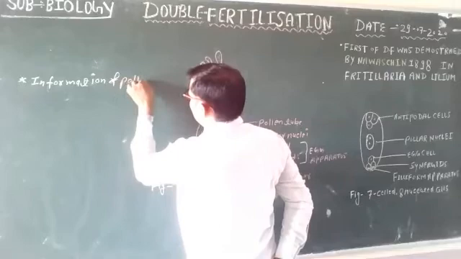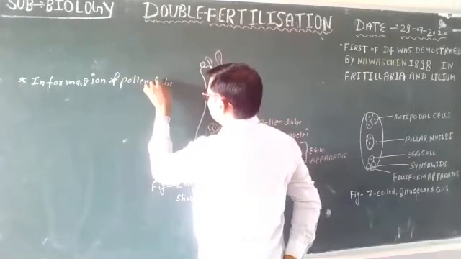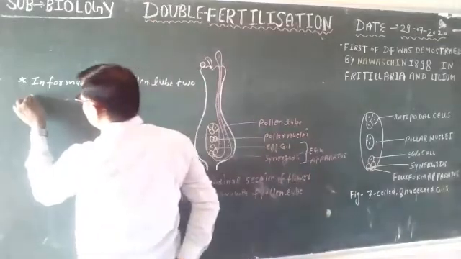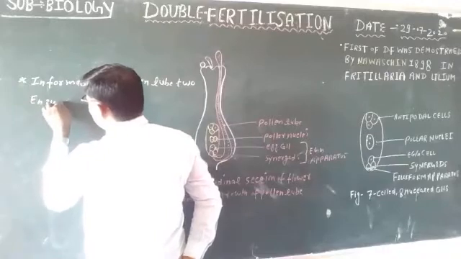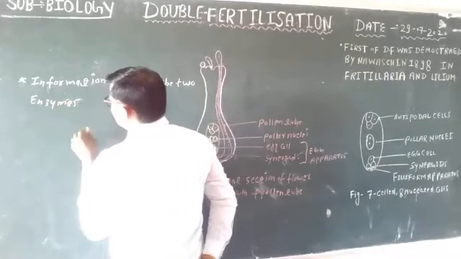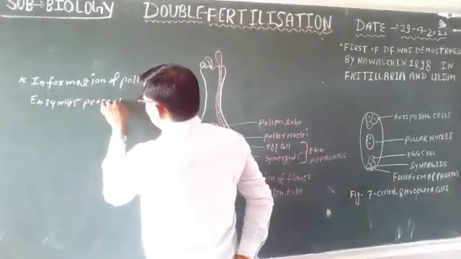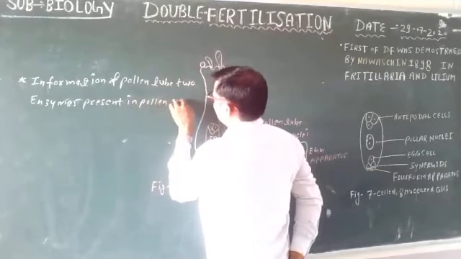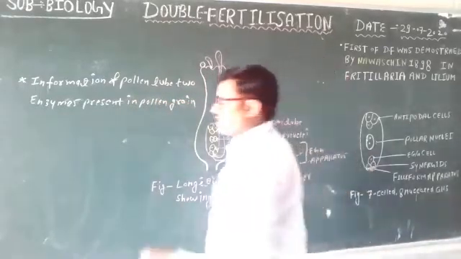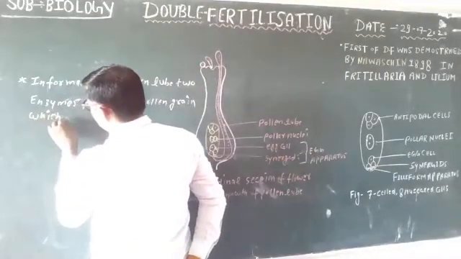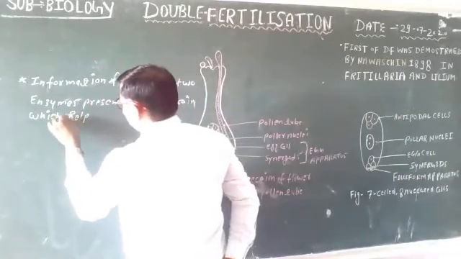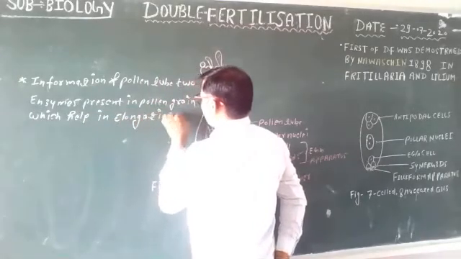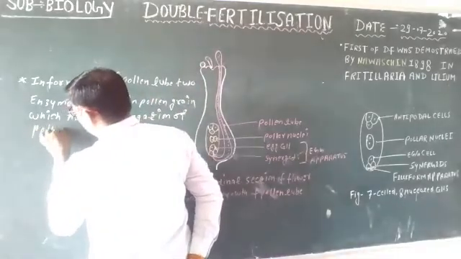Two enzymes present in the pollen grain help in elongation of the pollen tube.